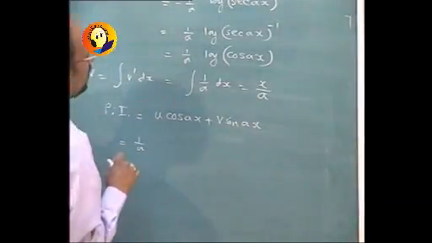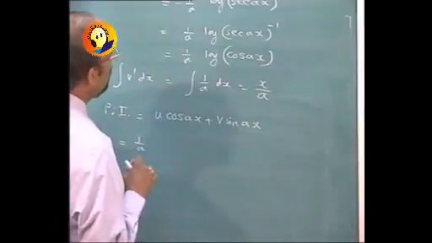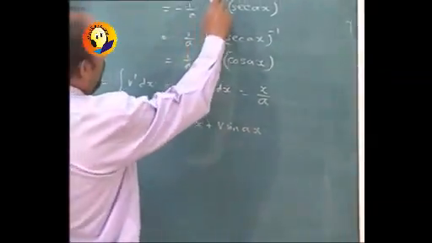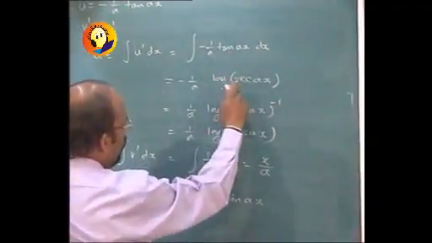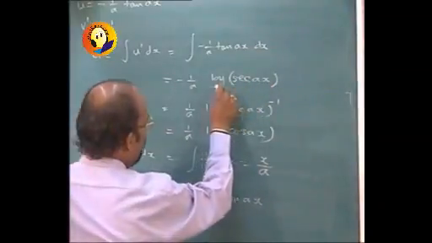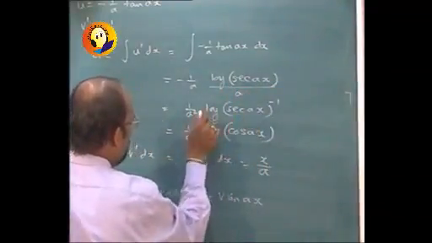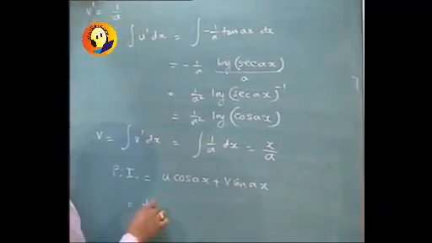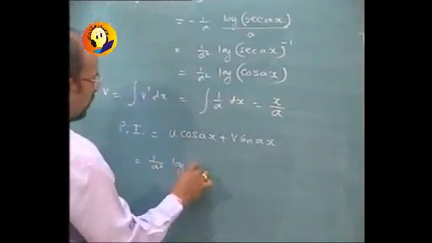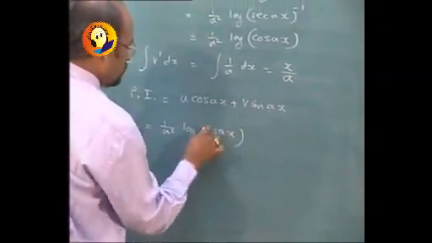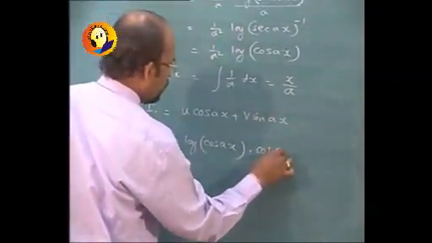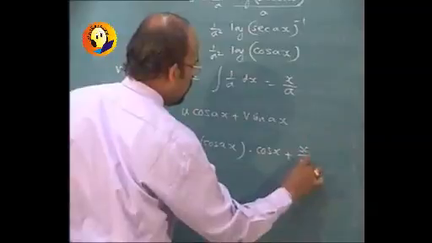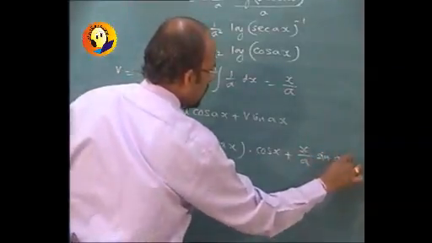I suppose there is a small mistake in the integration. When tan ax was integrated, it was log of sec ax upon a, so this will become a square. And so it will be 1 upon a square log of cos ax into cos ax plus x upon a sin ax.